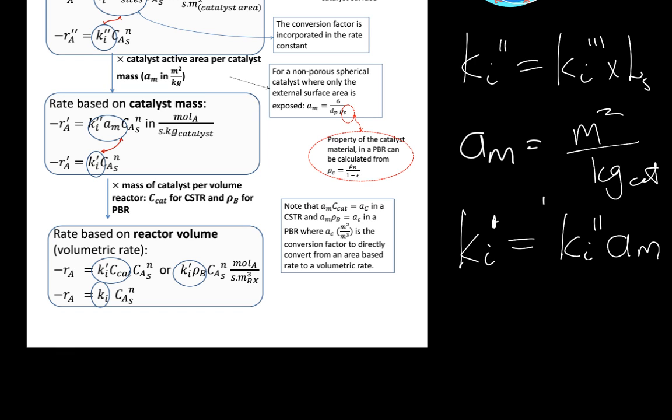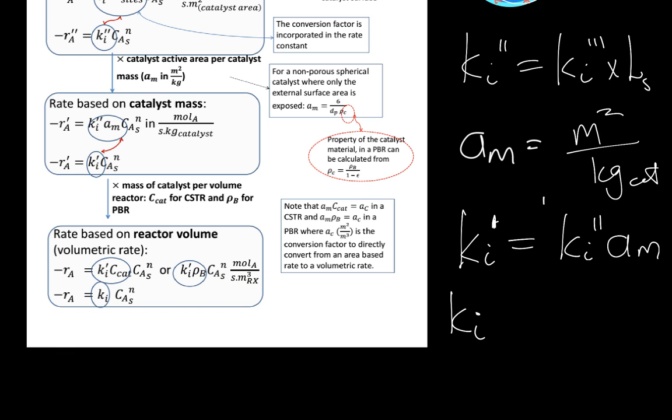And lastly, if we want to base our rate on our independent variable as the reactor volume, we need a conversion factor, and please note the absence of any special markings, because that is the rate at which I convert A per cubic meter of my reactor.